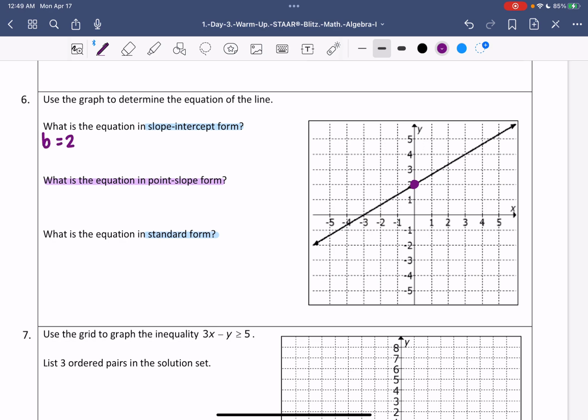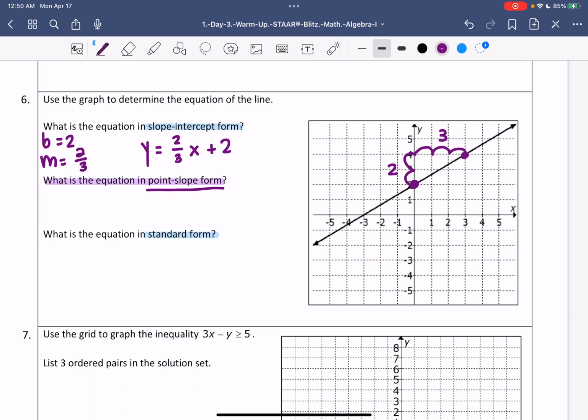Your slope here is, I'm going to rise 2 and run 3. So my slope is 2 over 3. So my slope-intercept form is y equals 2 over 3x plus 2.